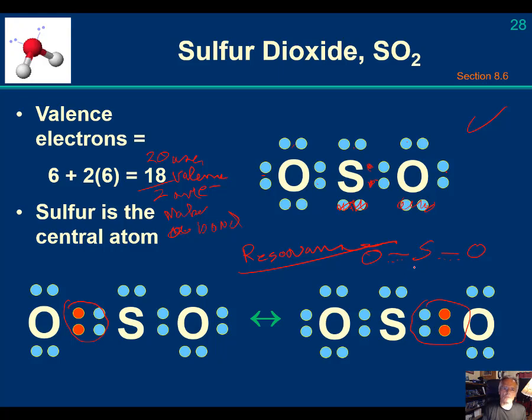Resonance structures are an average of all the resonance structures. So the true structure is a blending of both resonance structures.